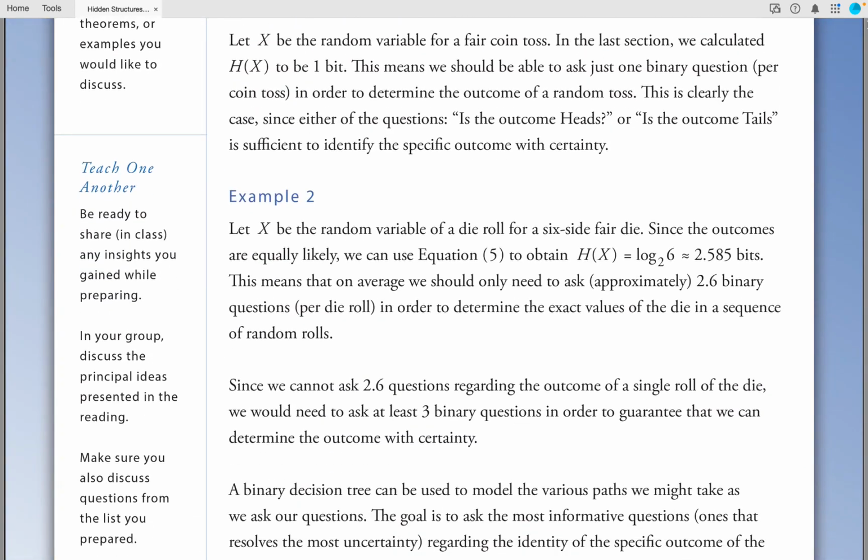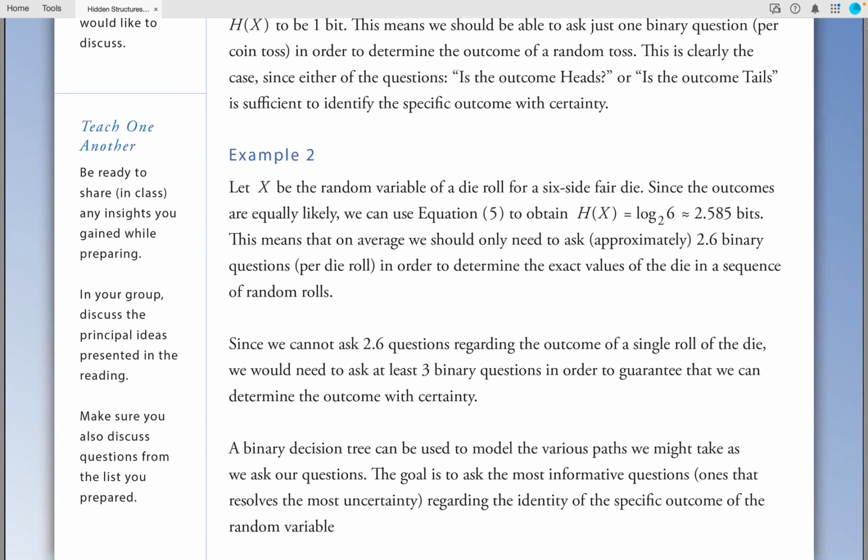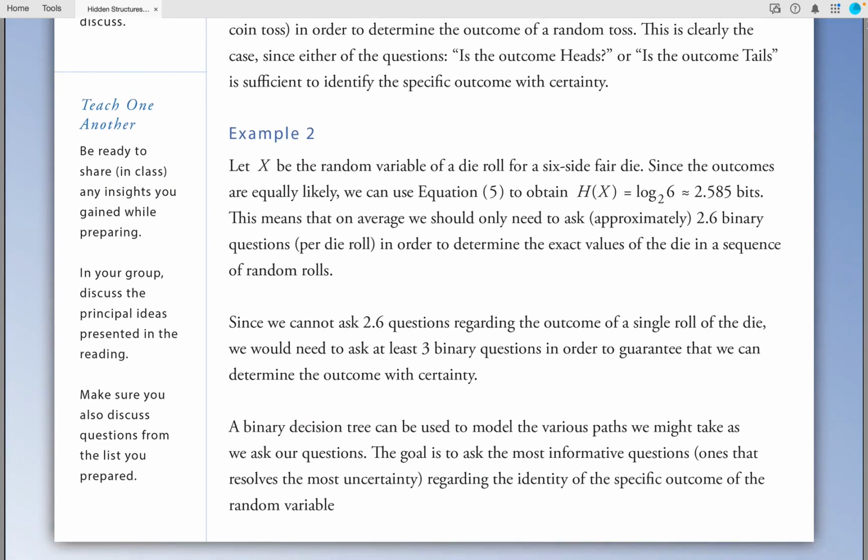Example 2. Let x be the random variable of a die roll for a 6-sided fair die. Since the outcomes are equally likely, we can use equation 5 to obtain an entropy value of 2.585 bits. This means that on average, we should be able to ask approximately 2.6 binary questions per die roll in order to determine the exact values of the die in a sequence of random rolls.